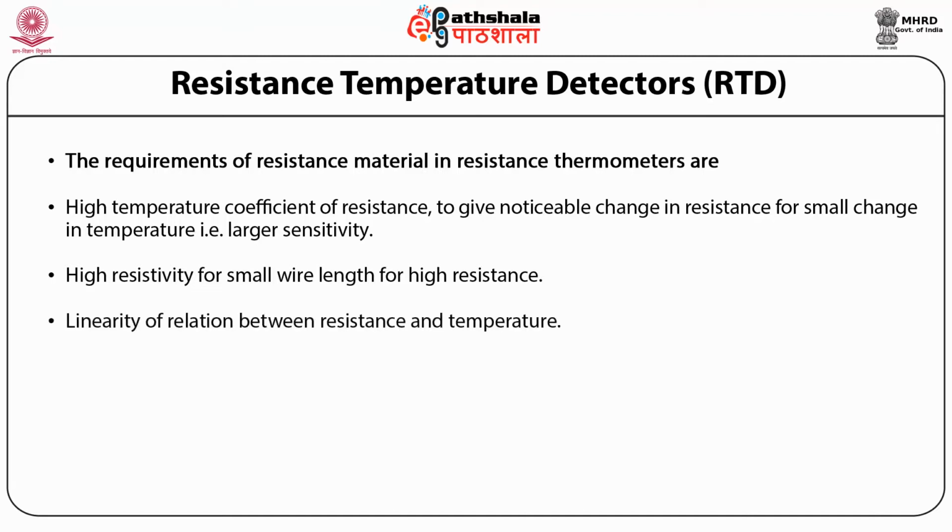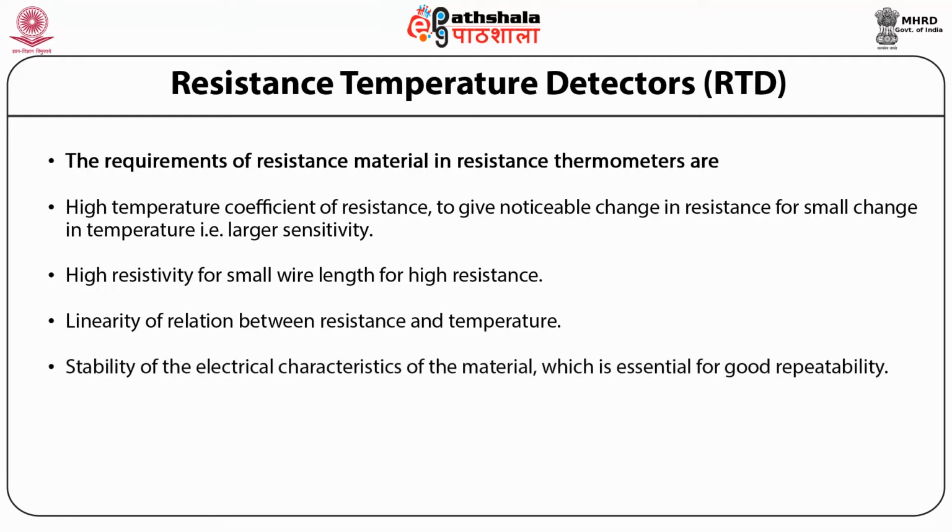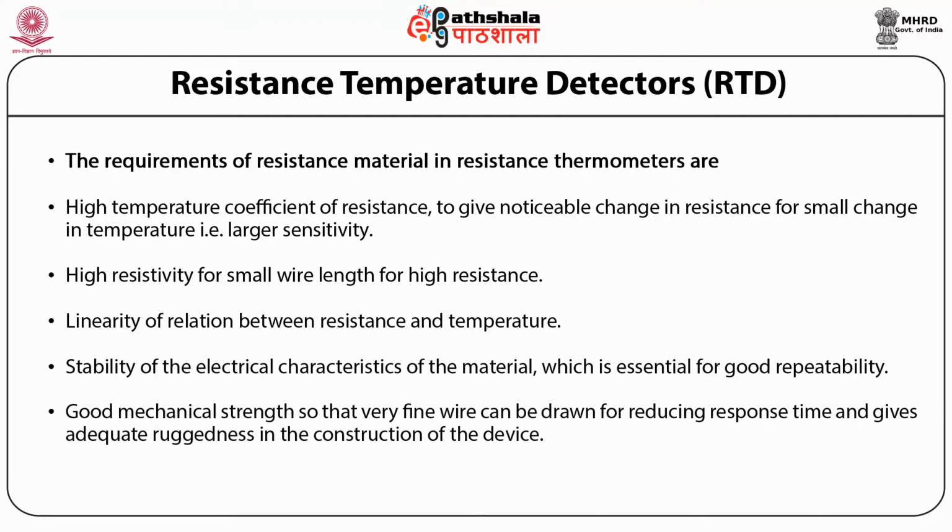Third, linearity of relation between resistance and temperature. Fourth, stability of electrical characteristics of material, which is essential for good repeatability. And five, good mechanical strength so that very fine wires can be drawn for reducing response time and gives adequate ruggedness in the construction of device.